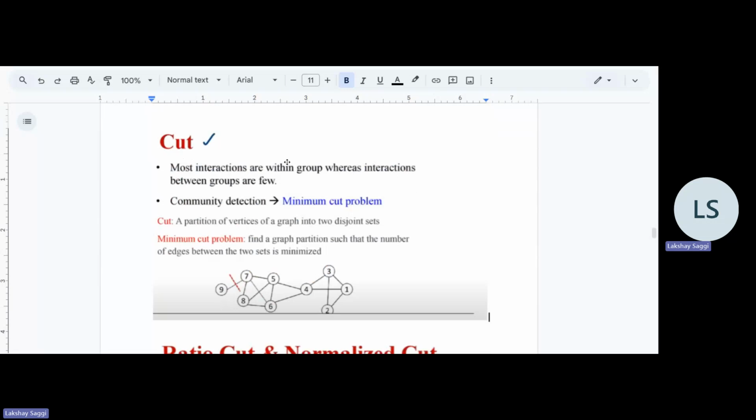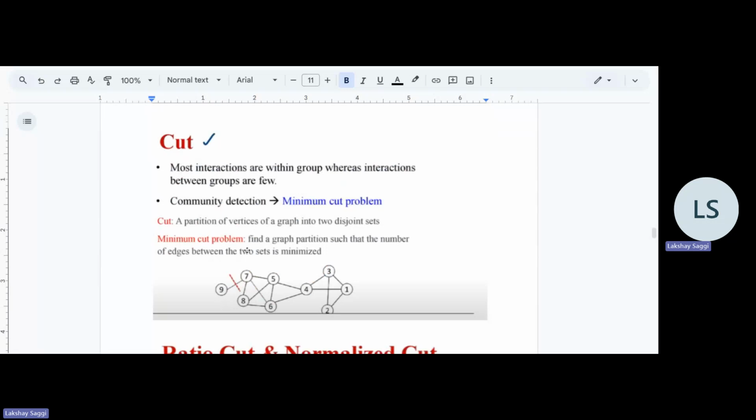This is the definition of communities, right? People interact within a community more than what they interact outside, and this can be captured by most interactions being within communities and interactions between communities being few, and in some informal sense this corresponds to the minimum cut problem.